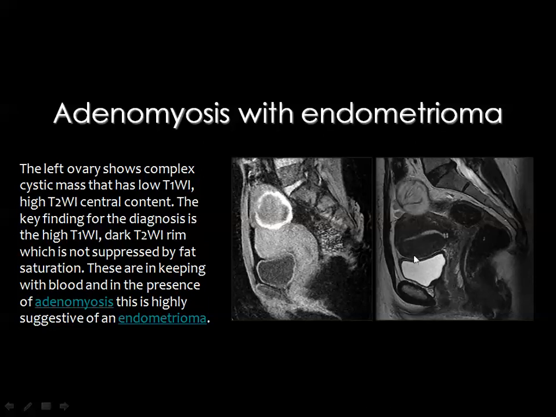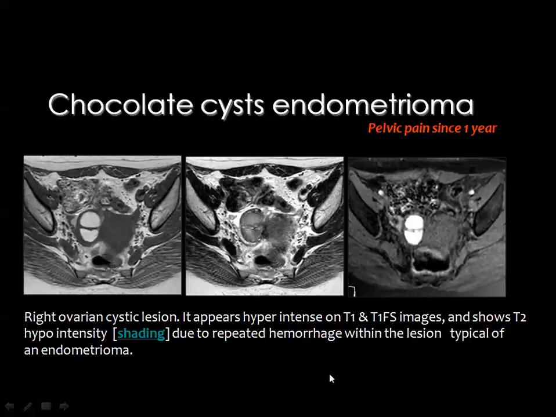And this is diagnostic of adenomyosis, and this is an endometrioma in the ovary. Then look at these images. This is T1, T2, and T1 fat suppressed image. In the T1, the cyst is bright, containing internal septation, and there is drop of the signal in the T2 weighted image, and this is known as the shading sign.